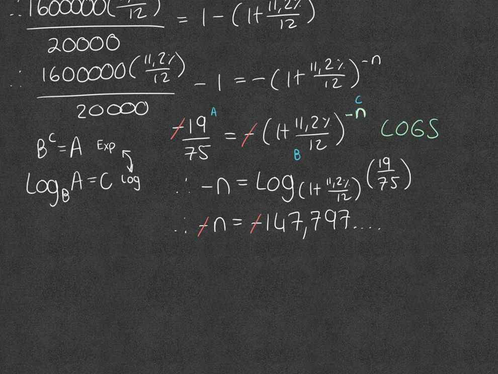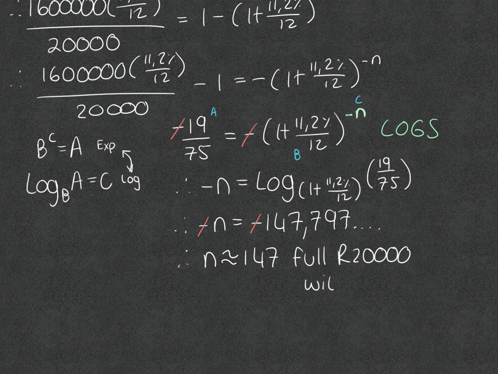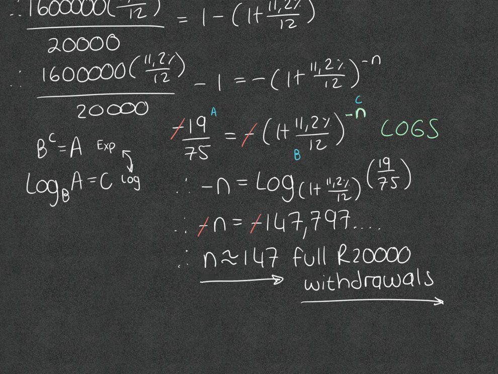So he'll be able to make 147 full 20,000 Rand withdrawals, because the 0.797 isn't a full number. He won't have enough to make another full withdrawal of 20,000. So my final answer is 147 withdrawals.